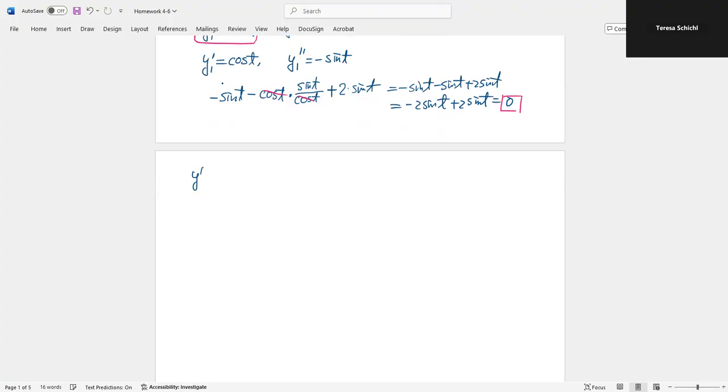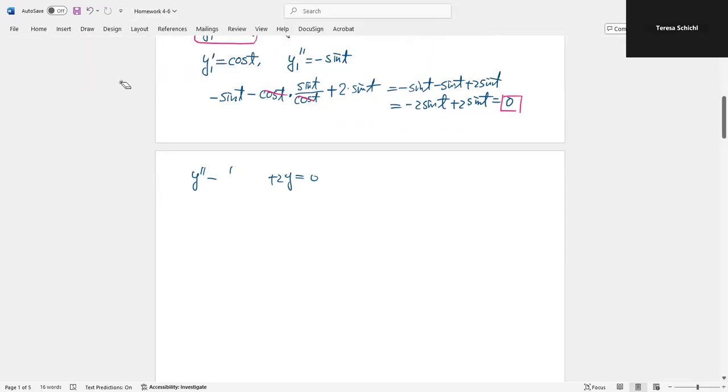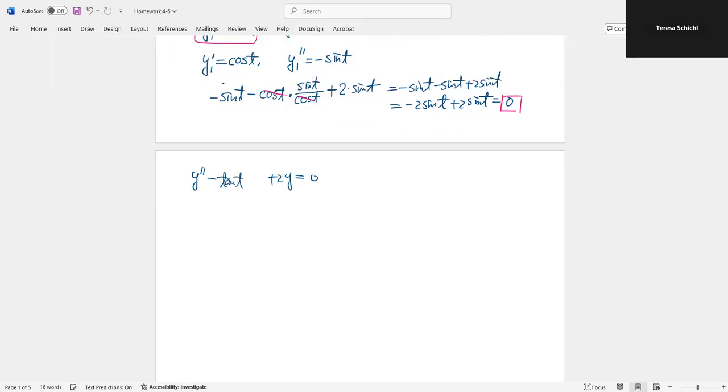So the differential equation is y double prime minus y prime tangent t plus 2y equal to 0. Let me rewrite this so I can see it better. So this one here is y double prime, plus negative tangent t times y prime, all right?